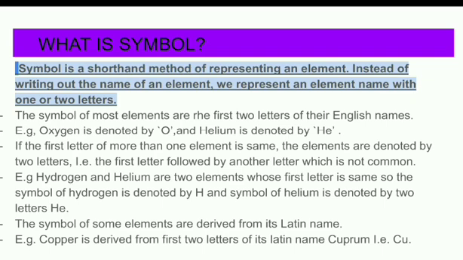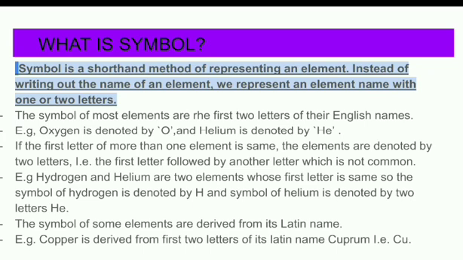So we cannot represent both the elements with letter H as a symbol. In this case, what we can do? We can take the first letter of both the elements and the second letter of another element which is not common in both the names. So the symbol for hydrogen is denoted by H and the symbol for helium is denoted by two letters, that is H and the second letter e.